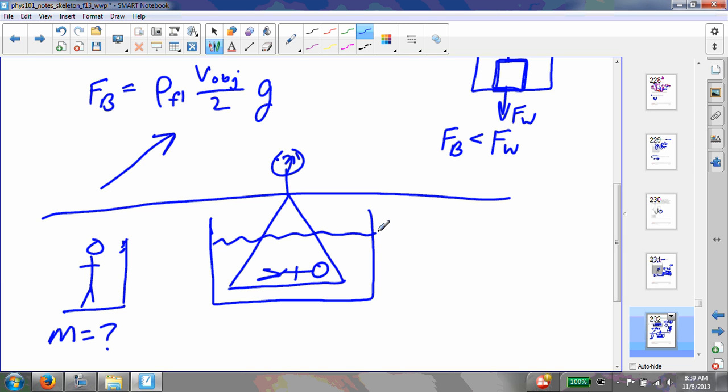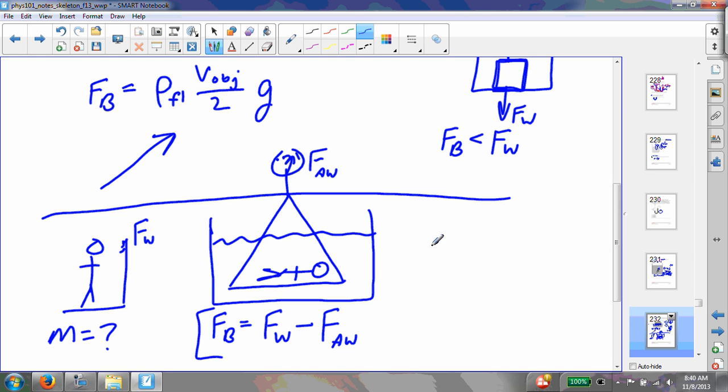And this mass is going to be less. So you can find the buoyant force is going to equal the actual weight of the person minus the apparent weight, which I'm going to call AW. The apparent weight is what we measure here, and this is our actual weight. The apparent weight is going to be less than the actual weight because you're submerged and you have this buoyant force pushing up. So I can find my buoyant force in this way.